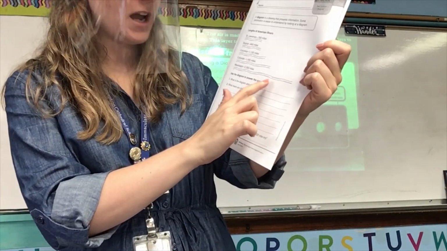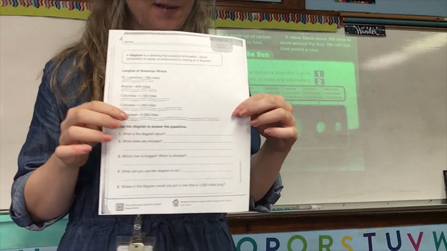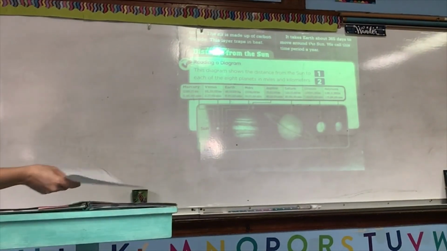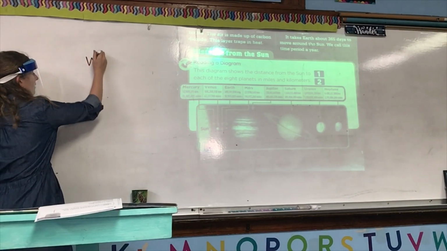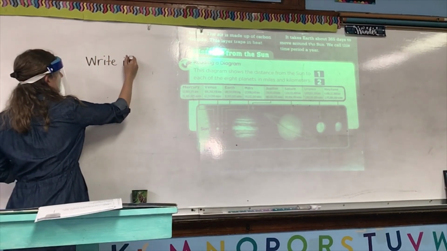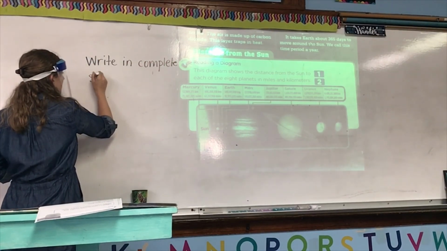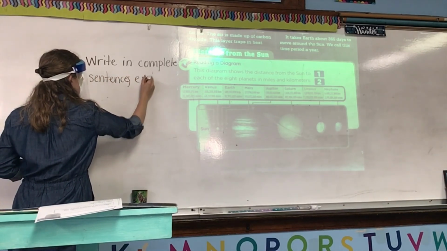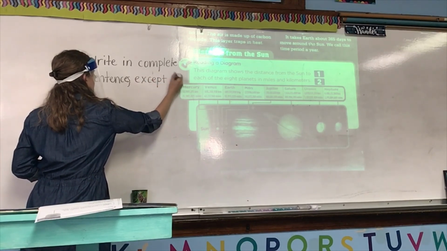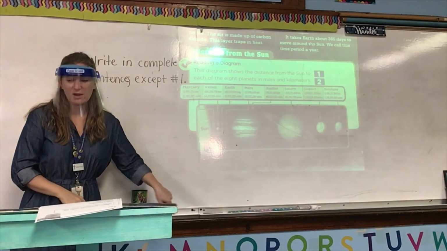So everybody, next to the directions, write: use the diagram to answer the questions, write in complete sentences, except number 1. Because you don't have enough room on number 1, but you have enough room for all the others.